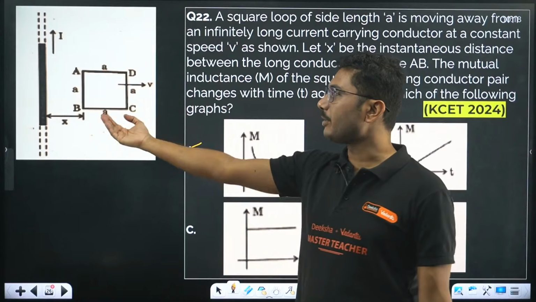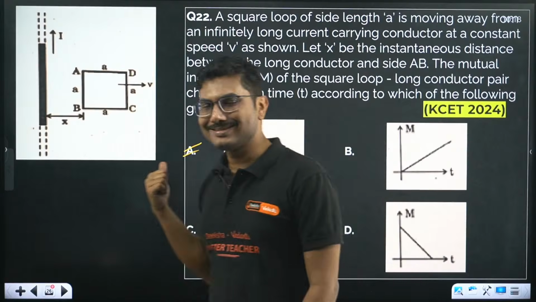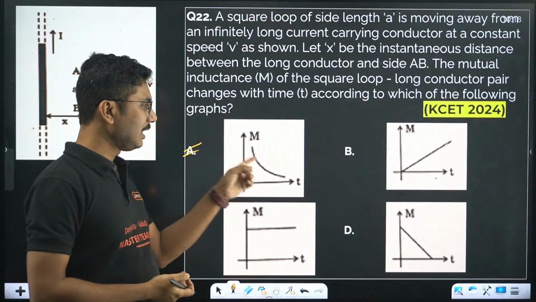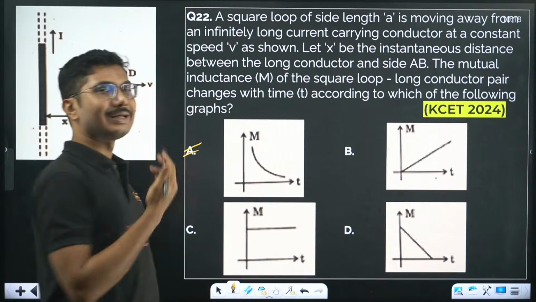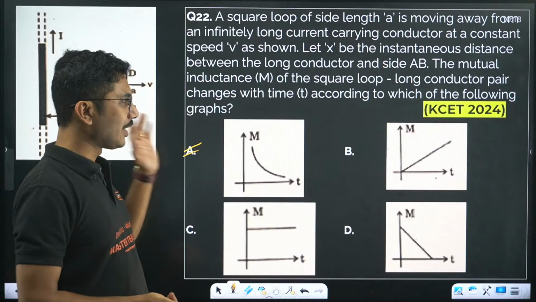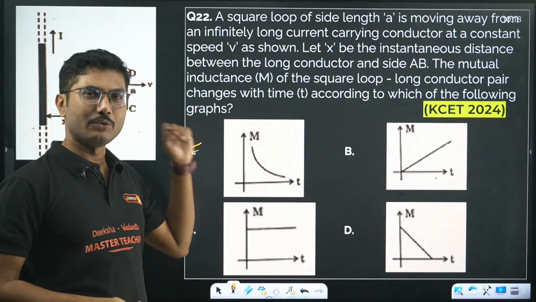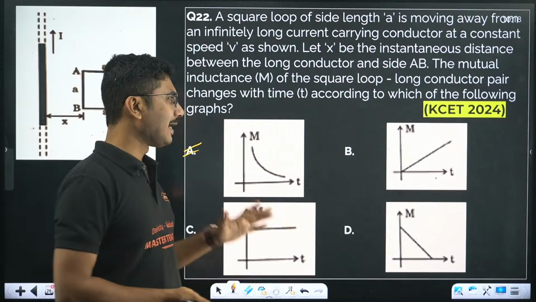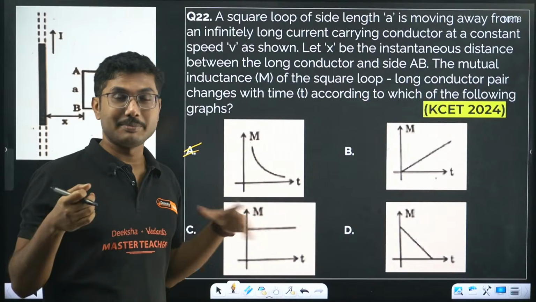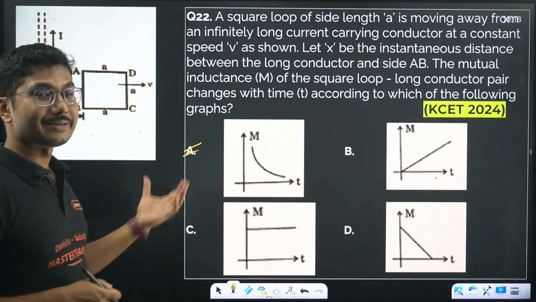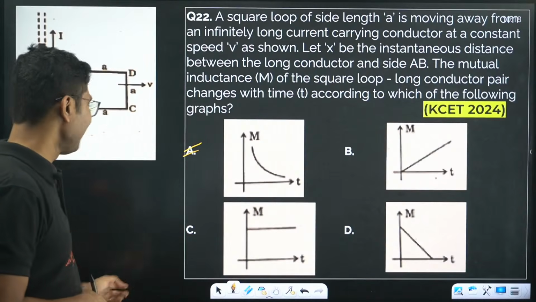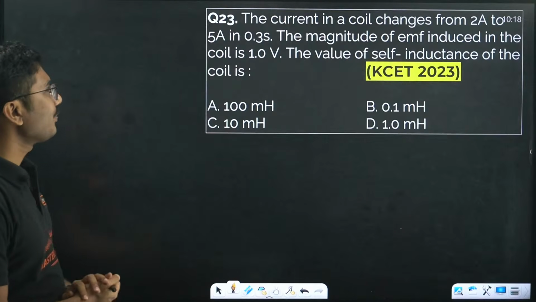So with time the mutual inductance decreases and it is inversely proportional, so the graph will be this one. If you have to guess anything, always guess this graph pattern. In 90% cases this will be correct, 10% other options might be correct as well. In some cases this option is not at all given, so then you have to figure it out. Now let's move on.